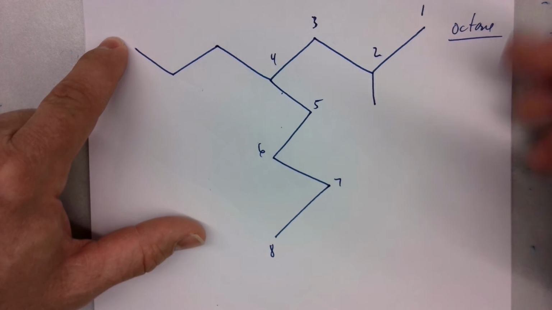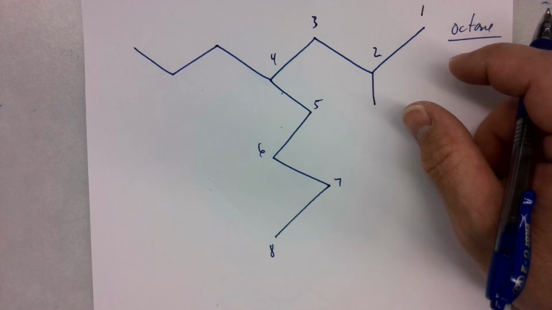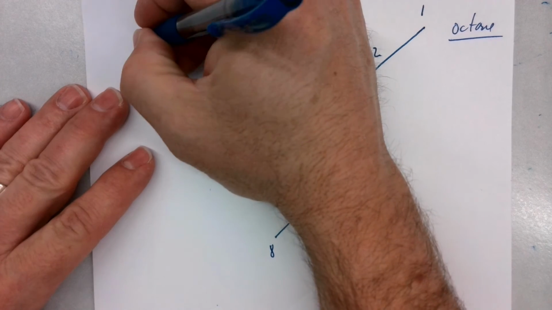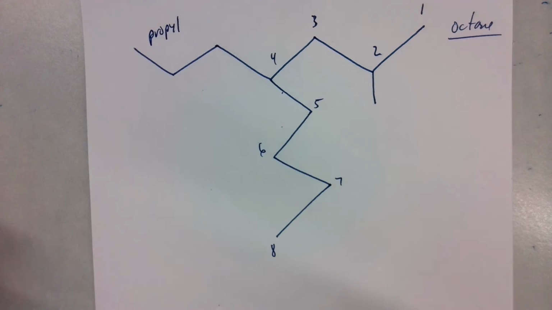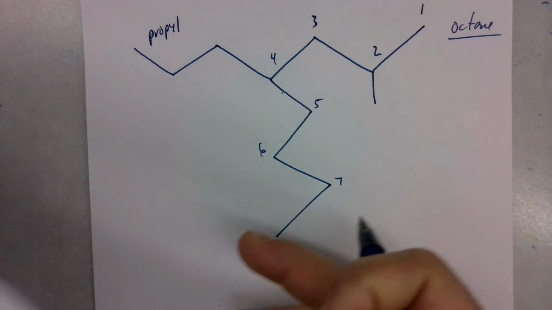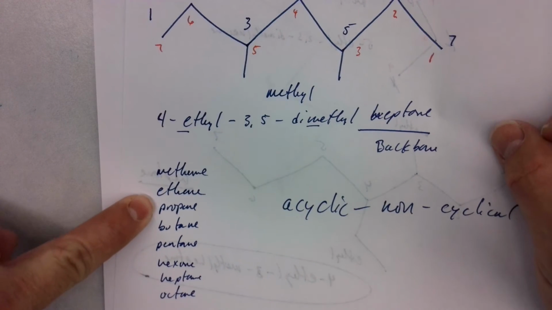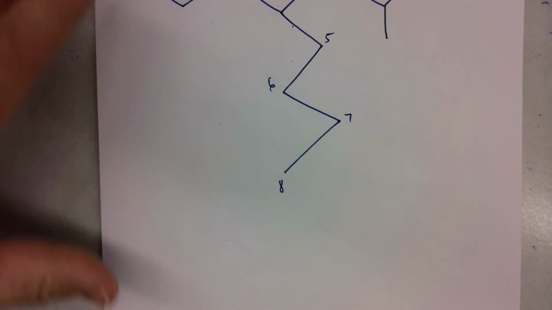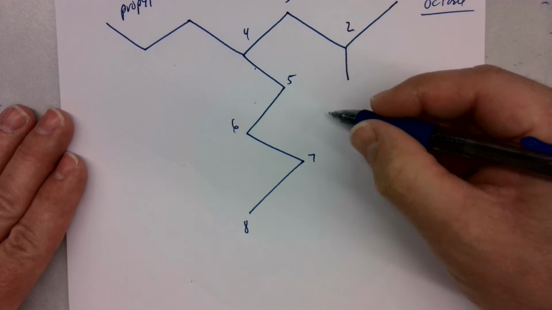Well, what's 3? It would have been propane, but it is propyl. It comes off of propane. Propane becomes propyl. Exactly. Now, what's this one off my 2?